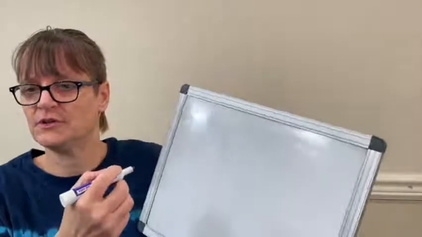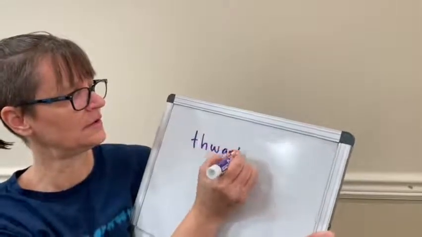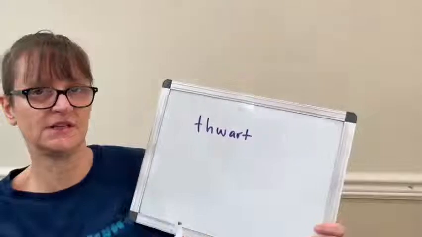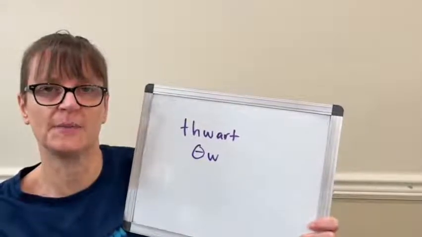Okay, we have a question about the words thwart and toward, and whether they're different. And yes, they are. So in the word thwart, we have the TH sound in the beginning together with the W. That's a little unusual combination.